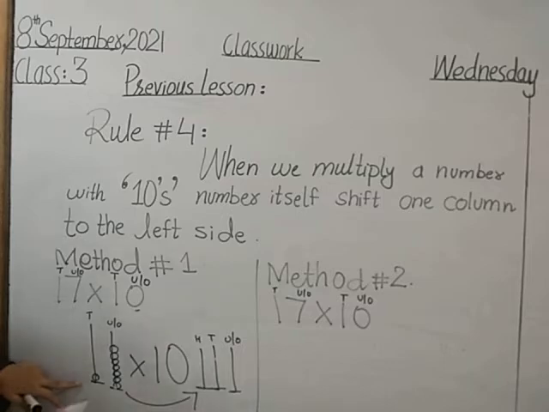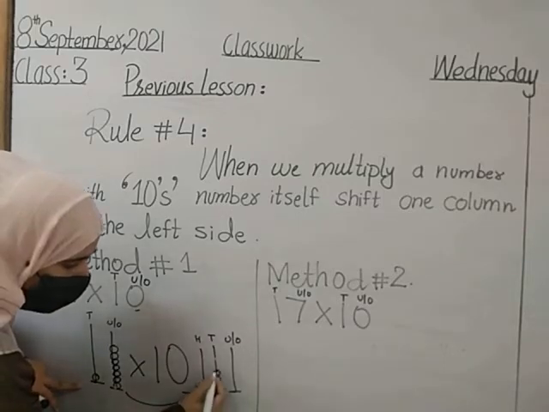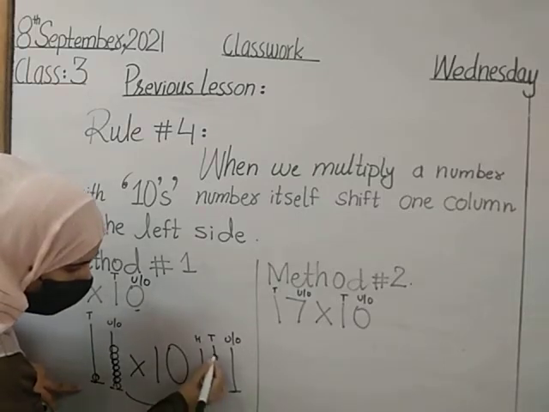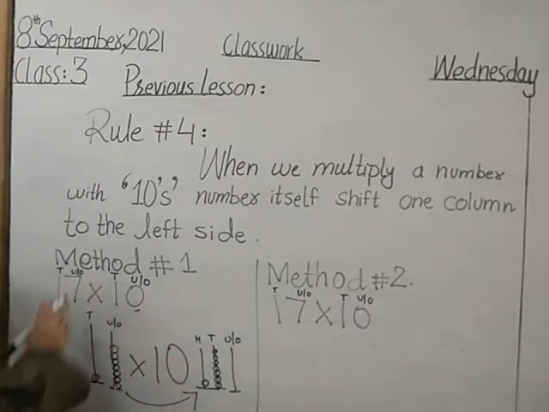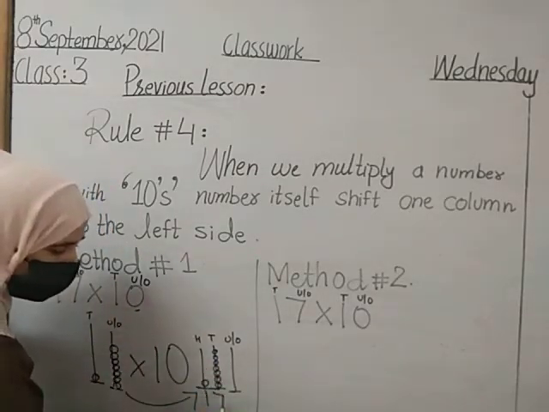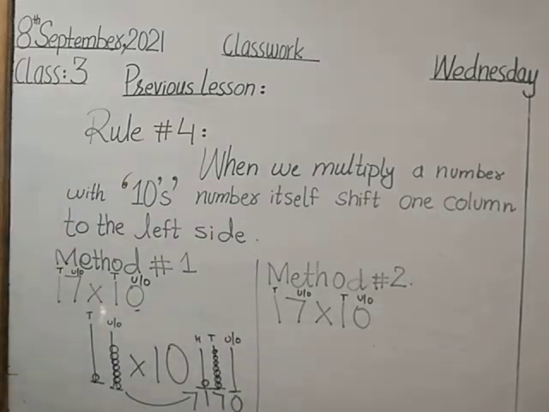Now the 7 shifts into the tens place value, 1 shifts into the hundreds place value, and 0 means nothing. Now the number is 1, 7 and 0. 170.